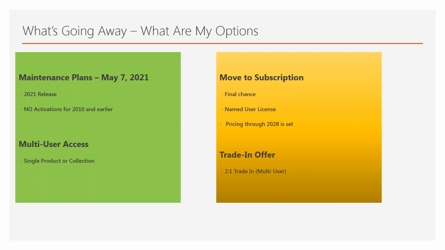You can only trade it in for a subscription. So Autodesk is totally just getting rid of maintenance plans. As we know, the design and creation suites are no more. They got rid of those. They can't do anything with those but switch it over to an industry collection license.